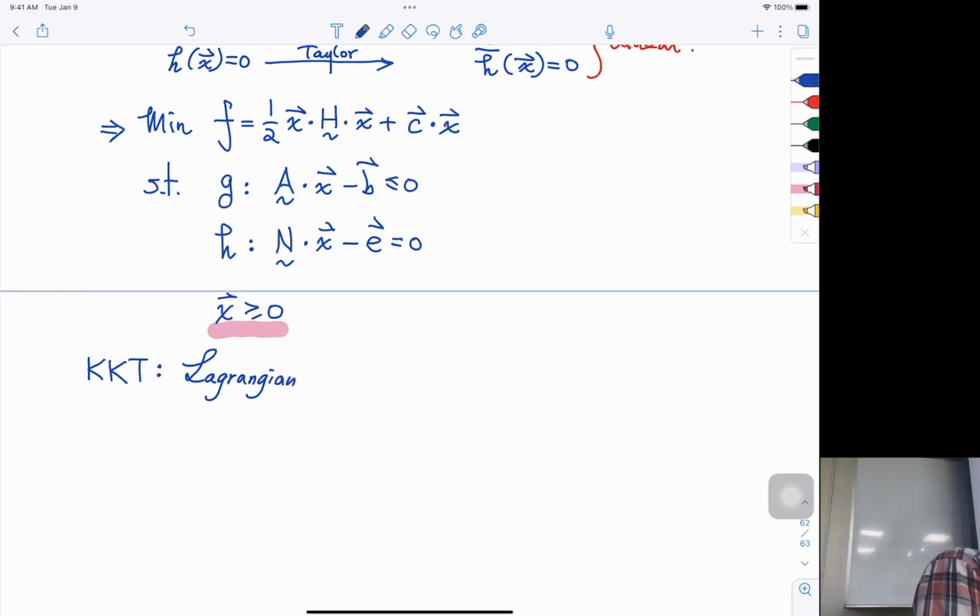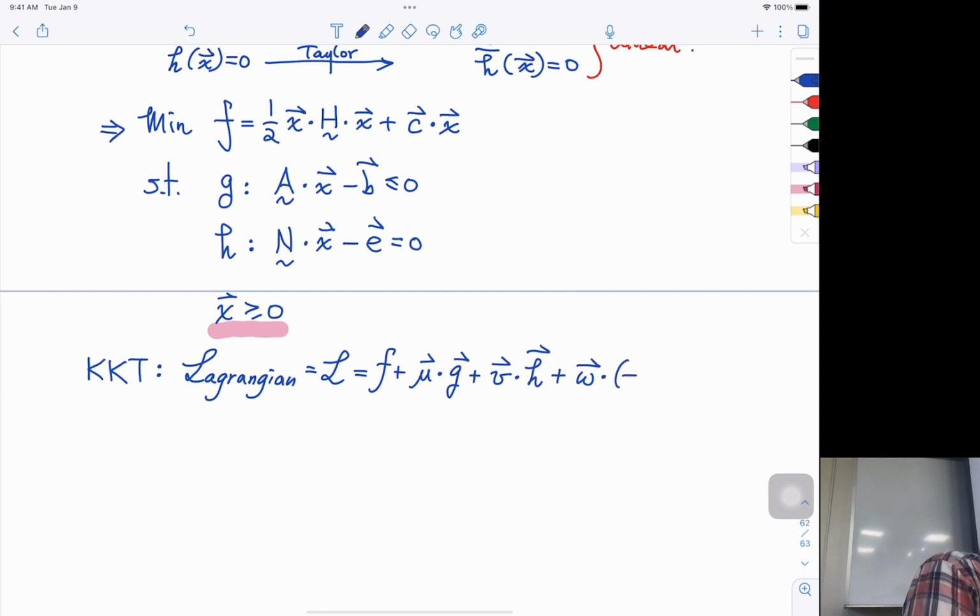Usually we define it as L. L is actually F plus a vector of mu dot product with a vector of G, plus, this time we are changing it into a vector of V dot product of H, plus a vector of W dot product negative X.